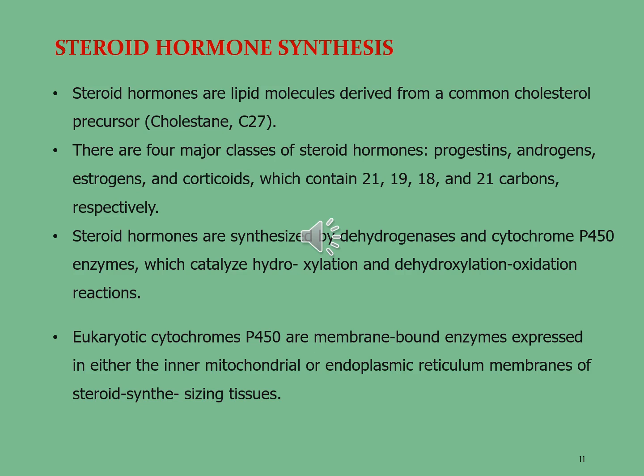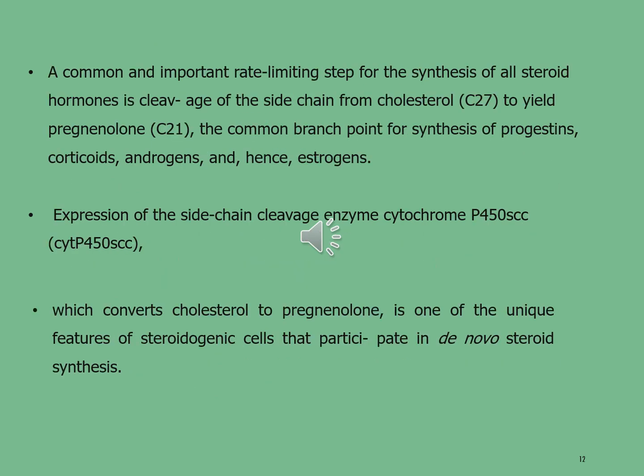Eukaryotic cytochromes P450 are membrane-bound enzymes expressed in either the inner mitochondrial or endoplasmic reticulum membranes of steroid synthesizing tissues. A common and important rate-limiting step for the synthesis of all steroid hormones is the cleavage of the side chain from cholesterol, carbon 27, to yield pregnenolone, that is carbon 21.